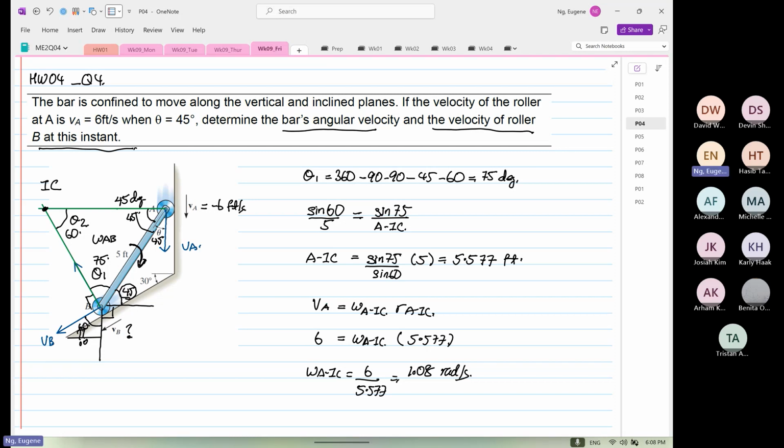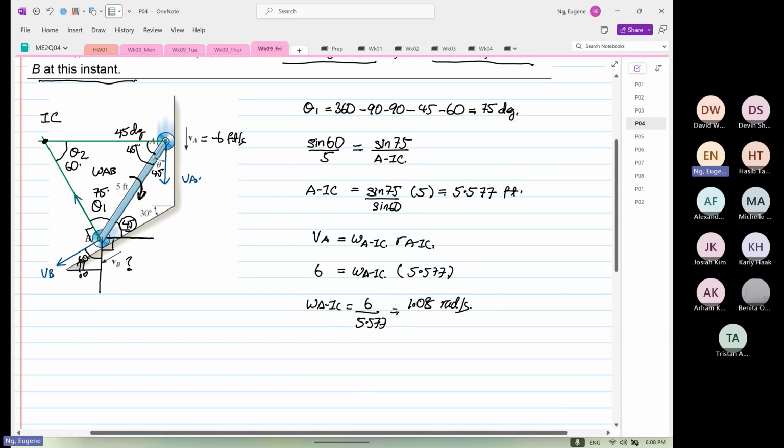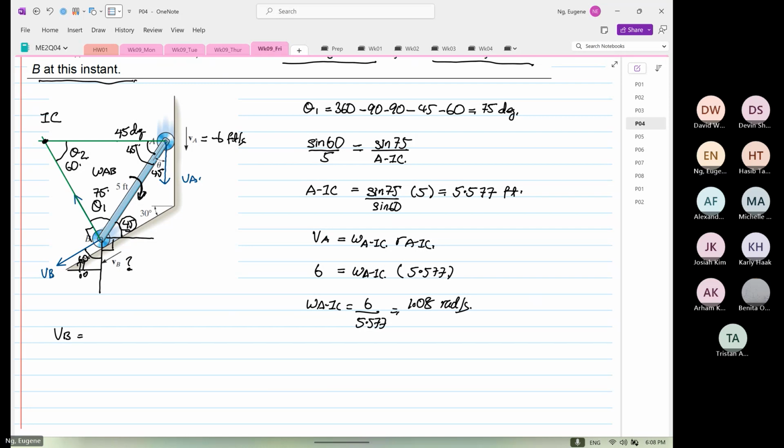There are two things that we could do. One is to apply VB is equal to VA plus omega AB cross R B from point A. Am I right?